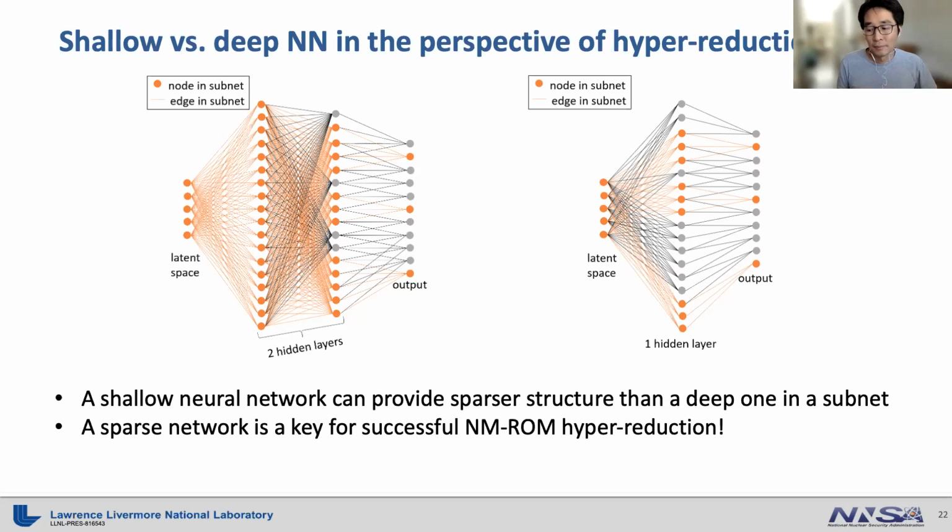Okay. Of course, a lot of trial and error was involved when we trained this neural network. That was the first immediate step you have to accomplish: your loss function has to reach around 10 to the negative 6 or 10 to the negative 5. Otherwise, the accuracy of the nonlinear manifold reduced model, even without the hyper reduction, was not that good.